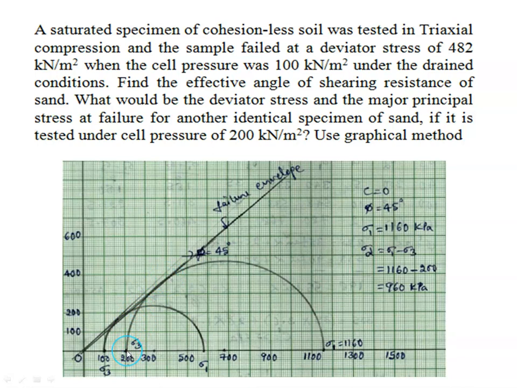Like that, by adjusting the compass you have to draw a semicircle. Wherever it is intersecting the x-axis, that will give you the major principal stress. We know that deviator stress equal to major principal stress minus cell pressure. We can estimate the deviator stress.